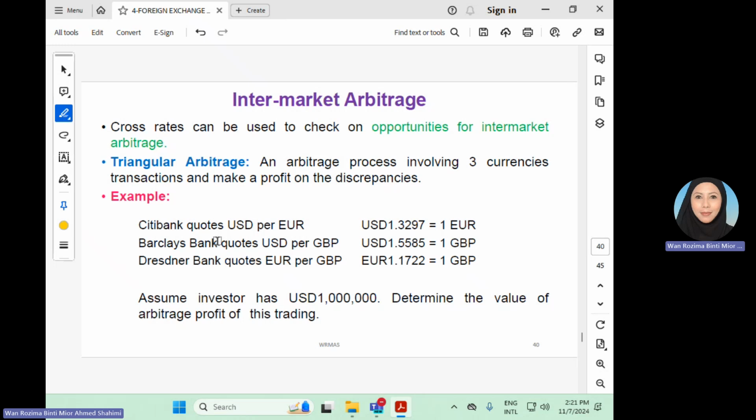So that is my first step. Your initial investment, I'm not talking about the amount, I'm talking about the currency, USD. So I cancel USD, so this is my benchmark for my cross rate.